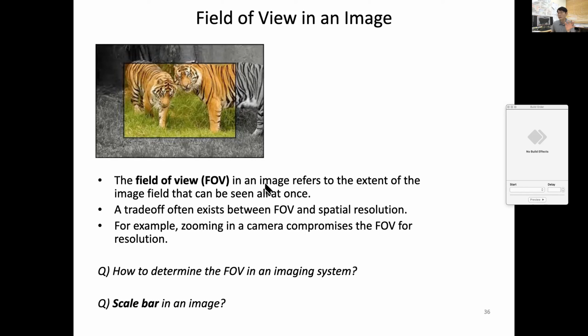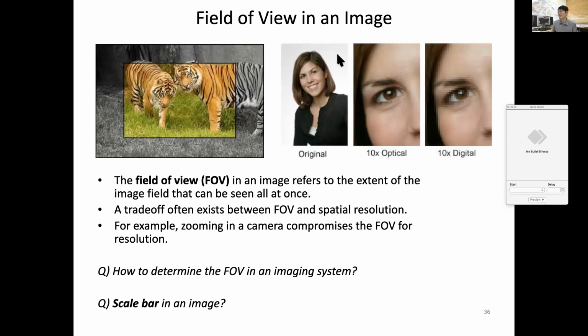Field of view in an image refers to the extent of the image field that can be seen all at once. If you have a small field of view and then expand it for your presentation, let's say there's an original and you have chosen the small field of view, then this is how it looks. This is called digital zoom.